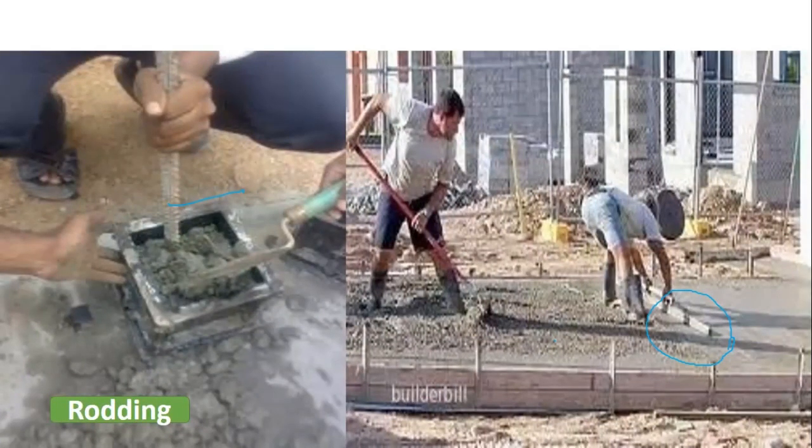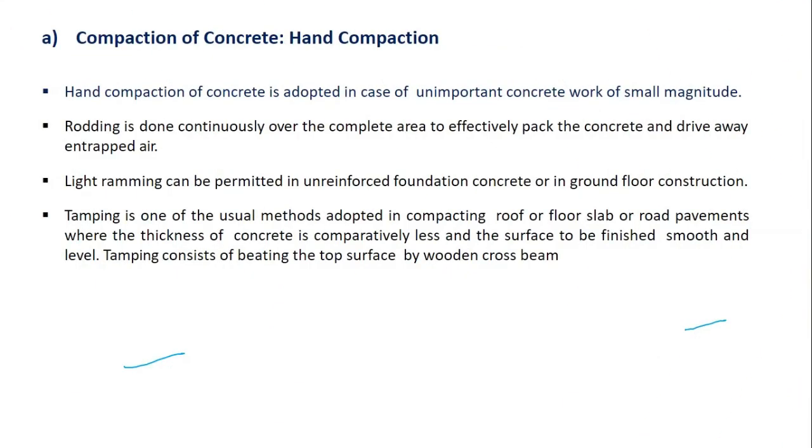In this figure, rodding is done by a rod. This is what we generally see in the slump test or in filling the mold for the compressive testing of concrete. As you can see, hand compaction is only adopted when the work is of small magnitude.